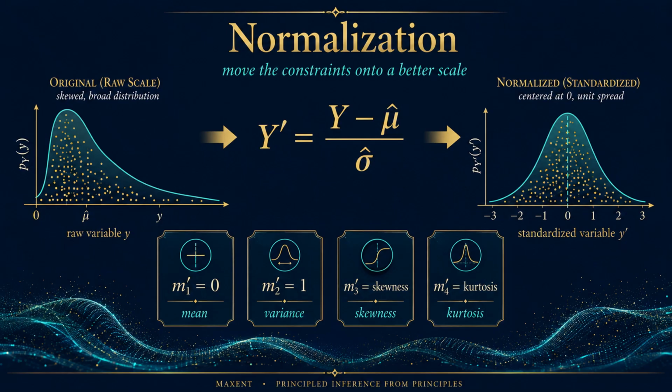Okay, we create a normalized distribution. And so now the mean is automatically 0, the variance is automatically 1, and any higher order moments are on about the same scale of 0 to 1. It depends on the data in particular.